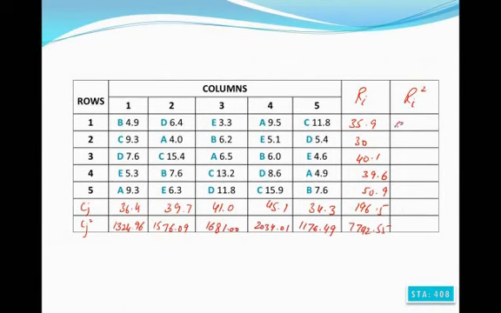The squares of the column totals are 1288.81, 900, 1608.10, 1568.16, 2590.81, and finally its sum is 7955.79. Using these values you can find out the sums of squares.